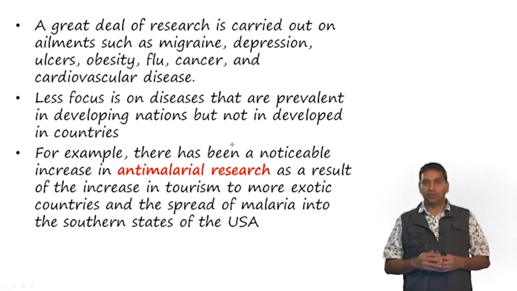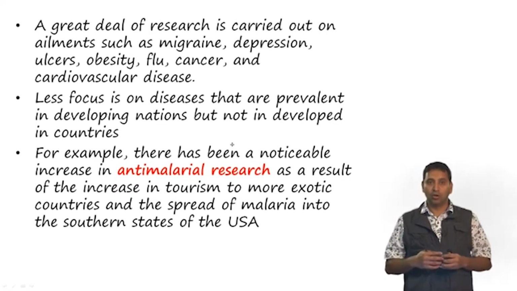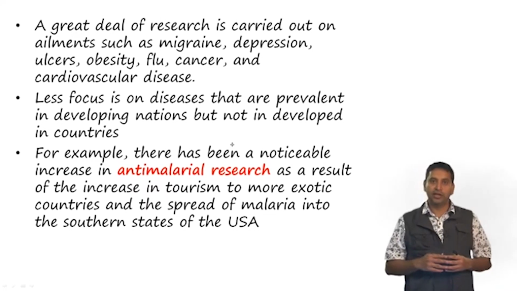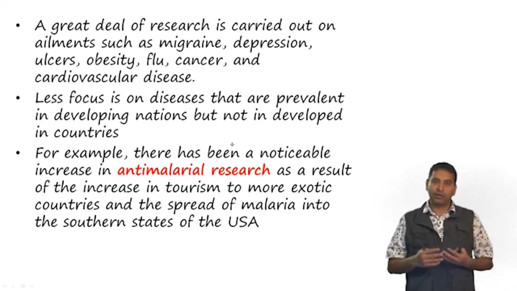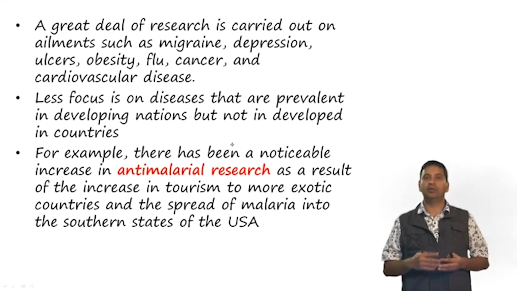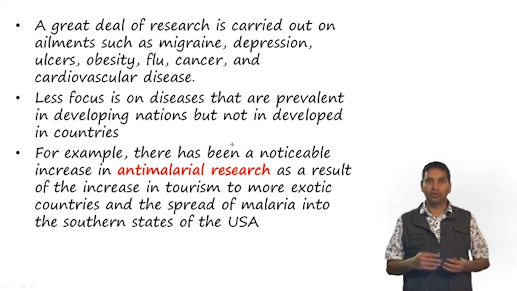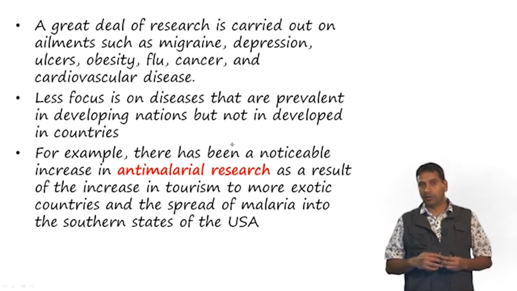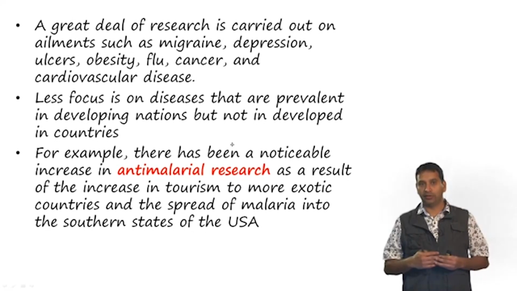So, a great deal of research is actually carried out on ailments such as migraine, depression, ulcers, obesity, flu, cancer and cardiovascular disease. And these are, as you can see, very important diseases obviously. For example, migraine and depression are a major problem in much of the world, and so is cancer, and of course, cardiovascular disease is becoming a huge problem in developing countries as well.